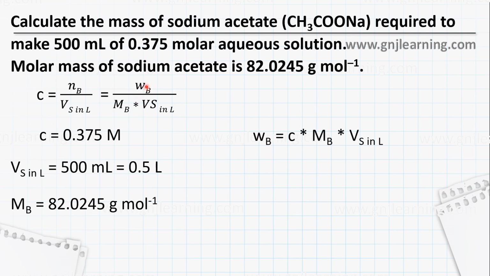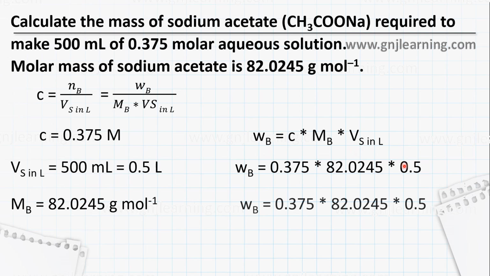So Wb is equal to, you rearrange it, C into Mb into volume. You just simply substitute the values. Wb is equal to 0.375 molarity, times the molar mass, times the volume, and you will get the answer as 15.38 grams.